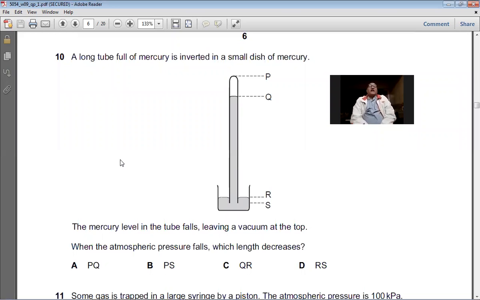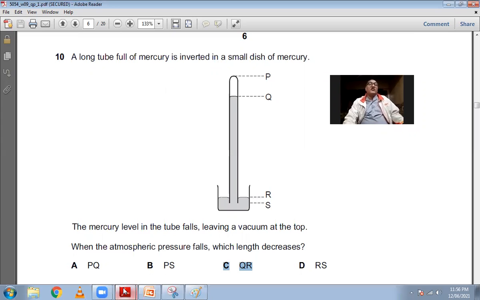If the atmospheric pressure decreases, the length RQ will also decrease. So which length decreases with the decrease in the atmospheric pressure? The length from R to Q basically represents how much the atmospheric pressure is. If the atmospheric pressure drops, this length will also decrease. So QR, C is the right choice.